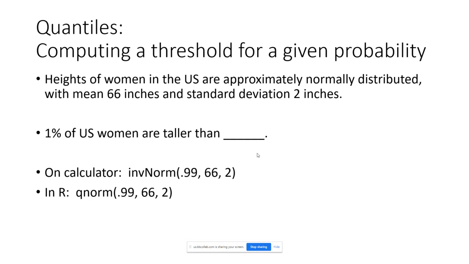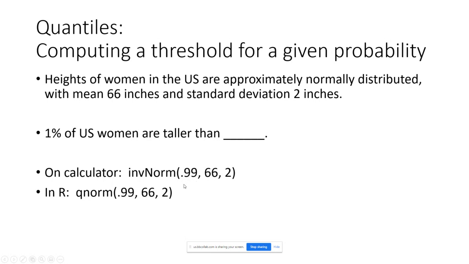So if you do this on your calculator, that's going to be using the inverse norm function, which is also in that table of distributions right under normal CDF. And what we're putting in here is, so 66 was our mean and 2 was our standard deviation.